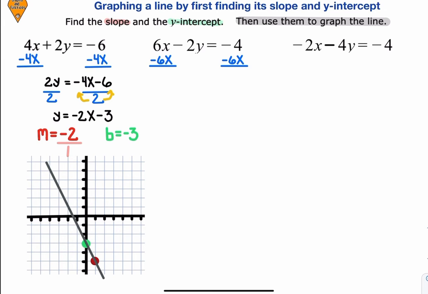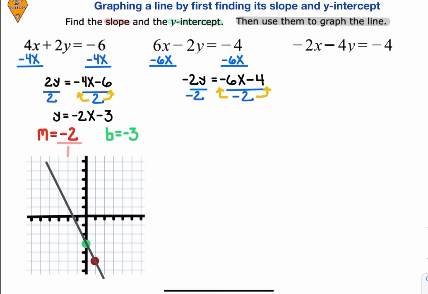To solve for y in the second example, I began by subtracting 6x from both sides. To finish getting y by itself, I need to get rid of the multiply by negative 2 by dividing by negative 2. But when I divide the right side by negative 2, it belongs to both terms there on the right.